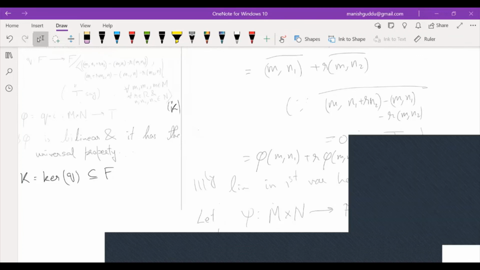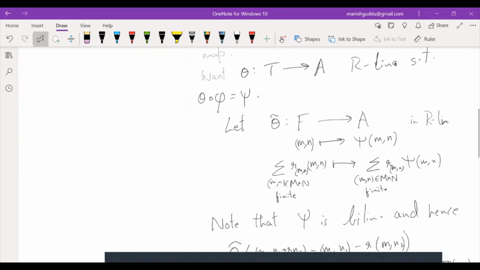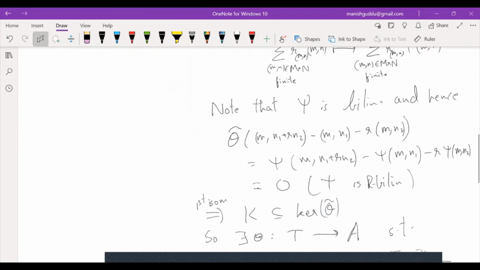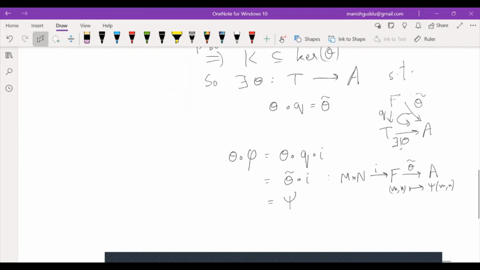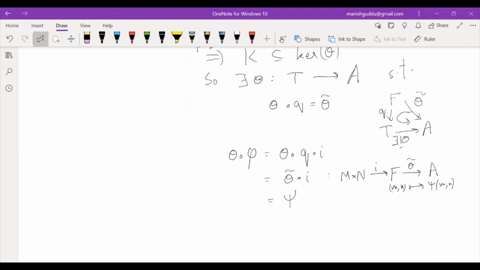So I had one question, which is, as we have seen, localization commutes with tensor, right? We will see that maybe later on. We haven't seen that, but that's a fact.